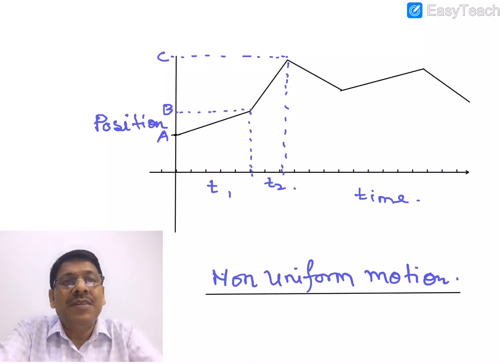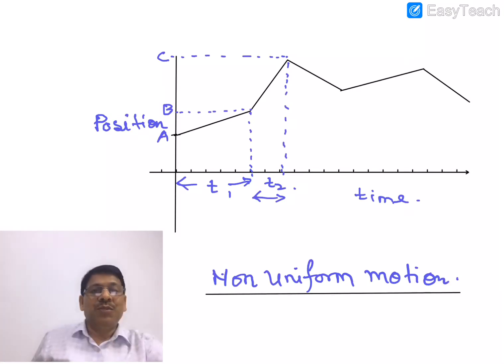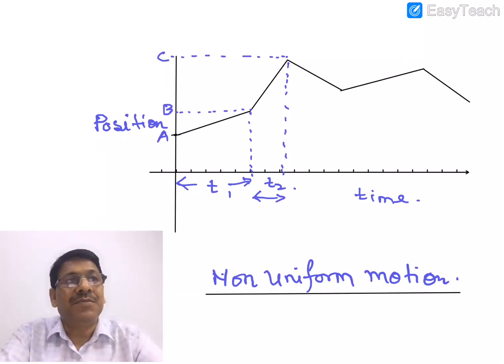You see the body travels from A to B in one time interval, and from C to D in a different time interval T2. Therefore, this is the position time graph that represents the non-uniform motion.